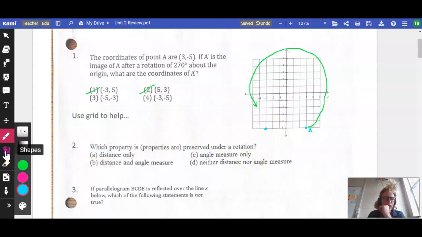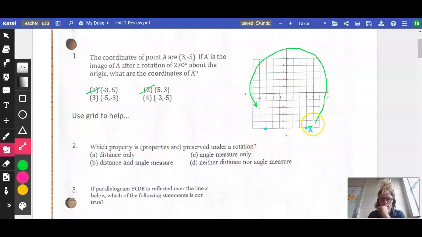If I draw a line from my preimage, which is A, up to my center of rotation, and then from my center of rotation down to here, I can see that that's not really 90 degrees.